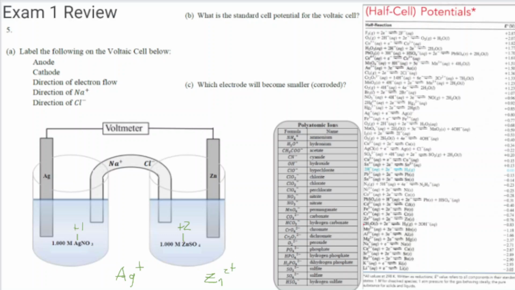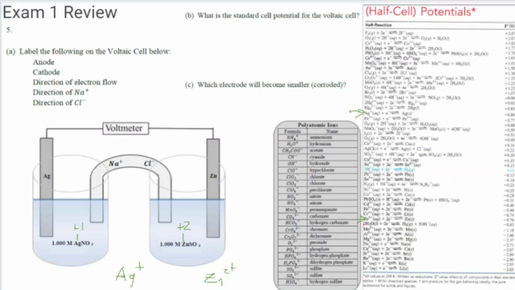So now I want to look at my reactions over here, and I'm going to go down here and find my silver plus. You can see it's right here. I'm going to mark a little line on there. All right, so we have silver plus, and then we need to find zinc 2 plus. You can see it's right here. All right, and so those are our two reactions.